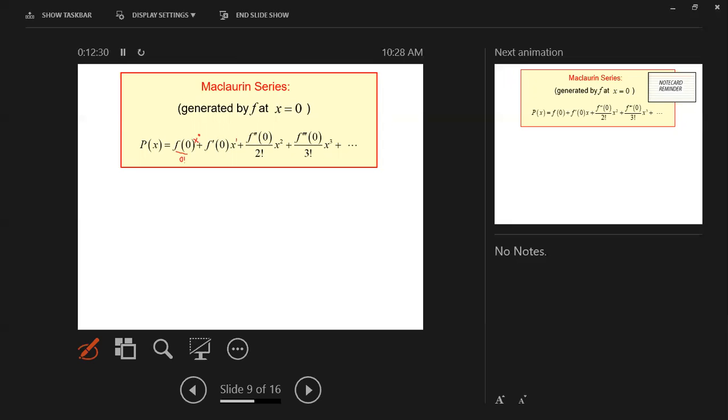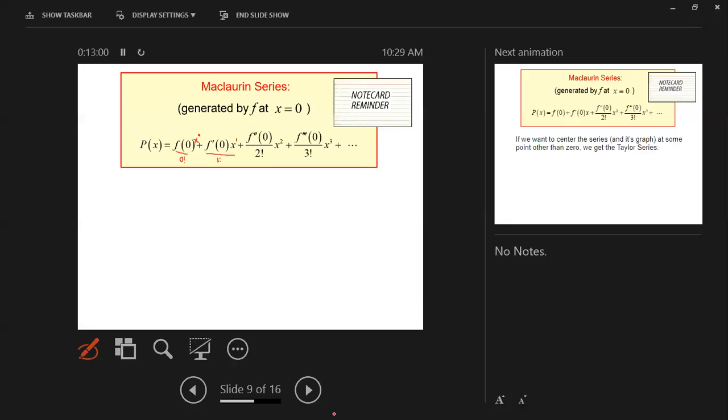Here's my x, or x to the first, over 1 factorial. So if you look carefully, it's the second derivative with the second power with the second factorial, 2 factorial. Third derivative, x cubed, 3 factorial. So it's really easy to see what's going on here. So we want to make sure that we get this onto a note card, Maclaurin series, and then on the other side, the actual generation of the series.